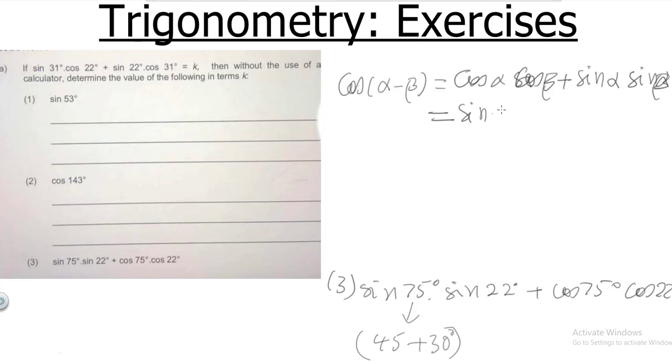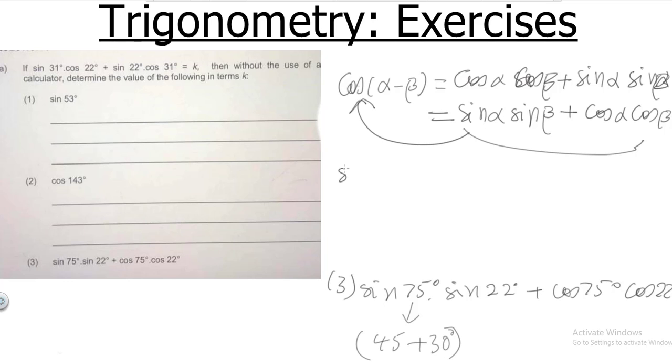If you start with sine alpha, sine beta plus cos alpha, cos beta, this is the same thing. So now what we have here is given. From this you move to here, okay?